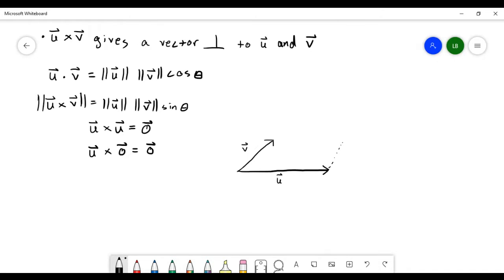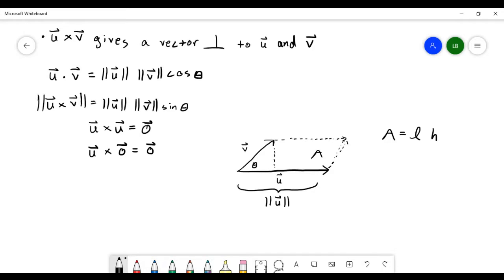Well, they kind of form a parallelogram like this. And we want to know the area of this parallelogram. If you recall, the area of a parallelogram is the length times the height. Well, the length is easy. It's just the magnitude of vector u. The height is a bit trickier.